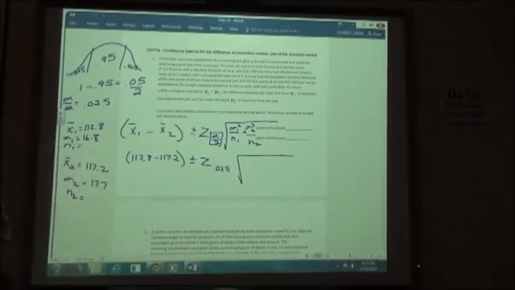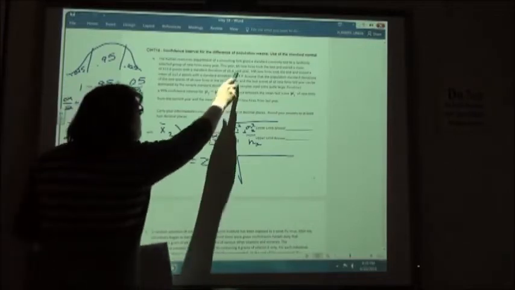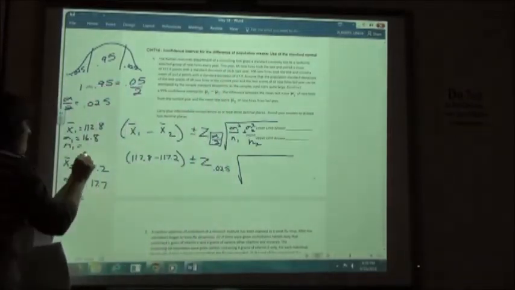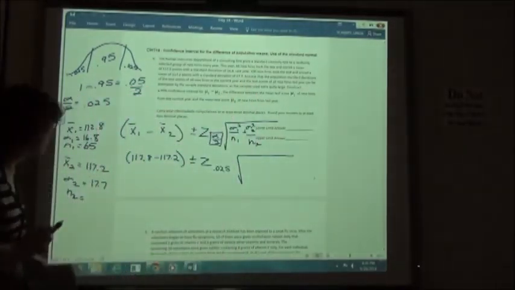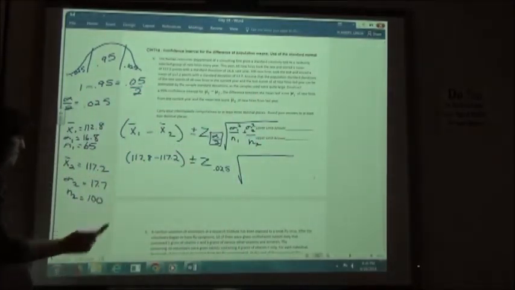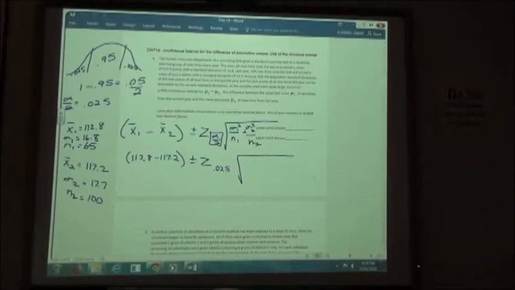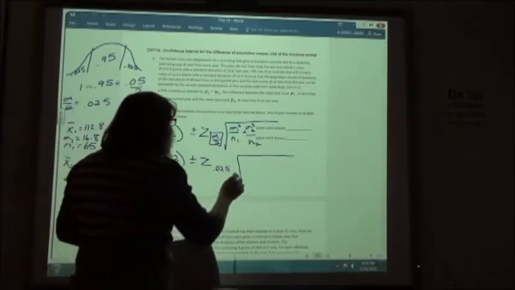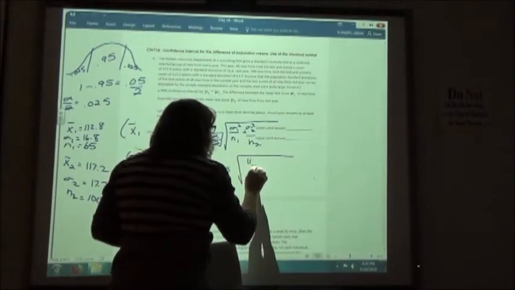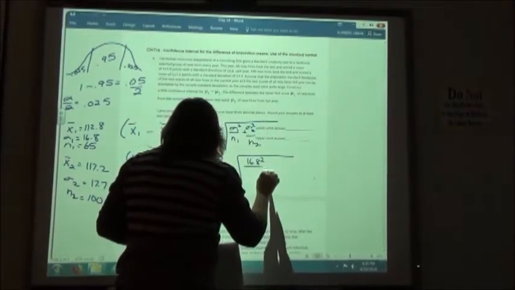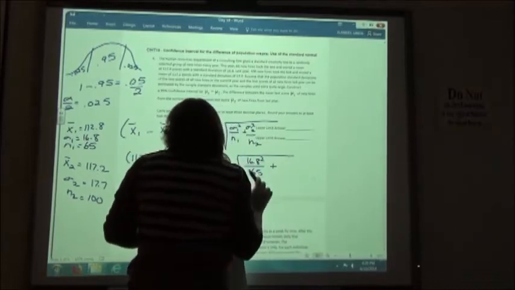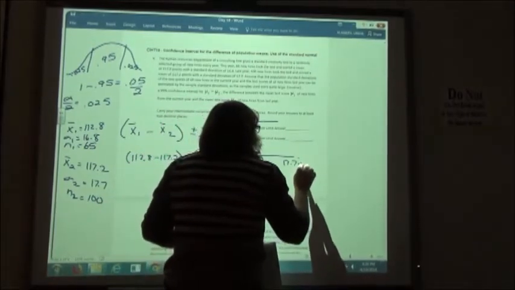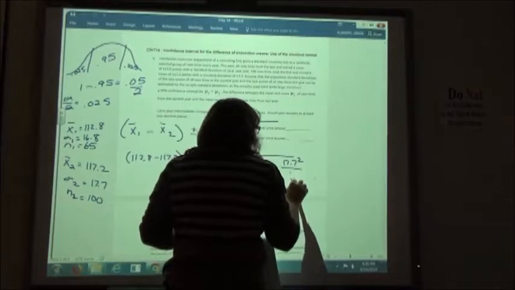N1, how many people did they survey this current year? 65. Last year, 100 new hires took it. So in my formula, for the first part, I'm going to take my 16.8 squared over my 65, plus then my 17.7 squared over my 100.